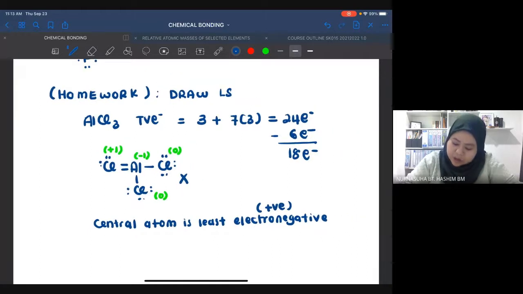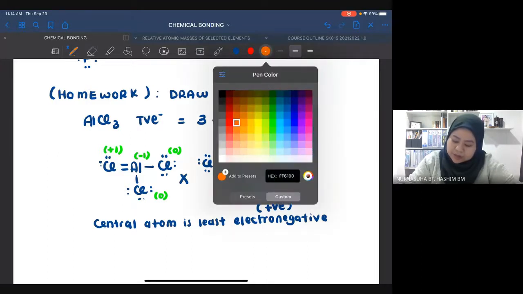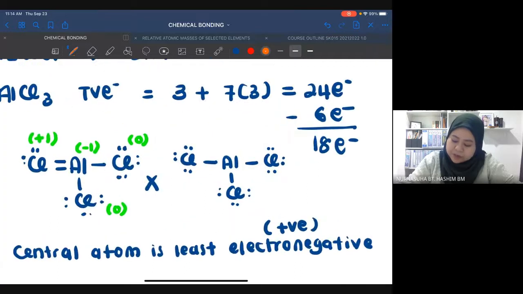Okay, so for aluminium trichloride, before you form double bond tadi, this is the structure. Okay, now let's try to calculate dia punya formal charge.